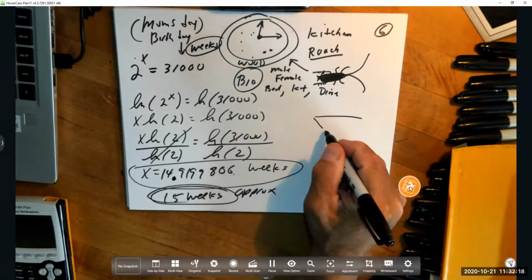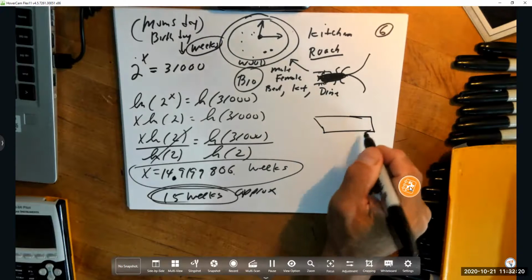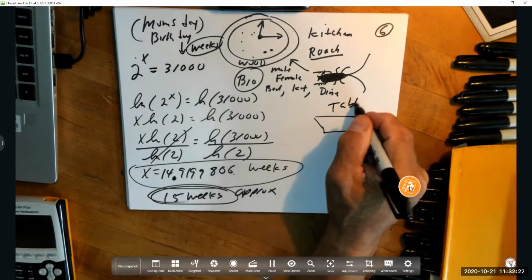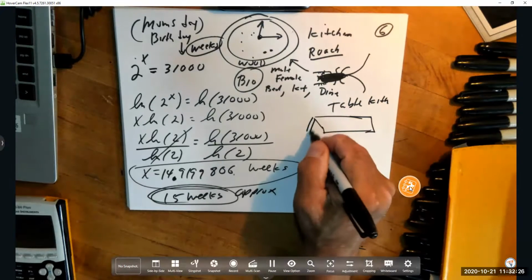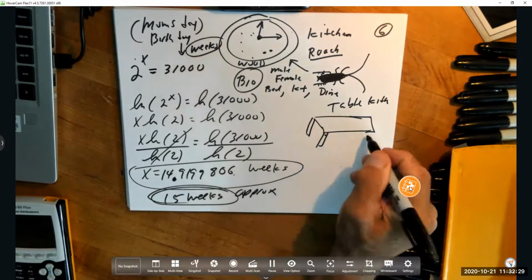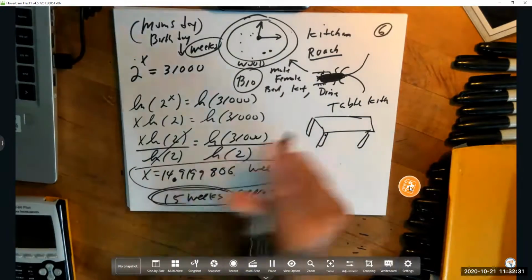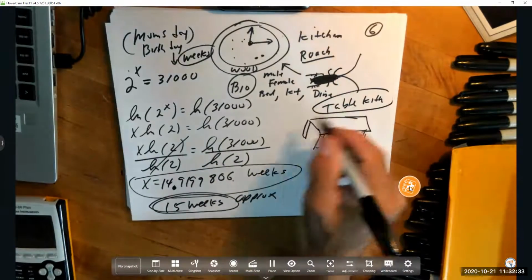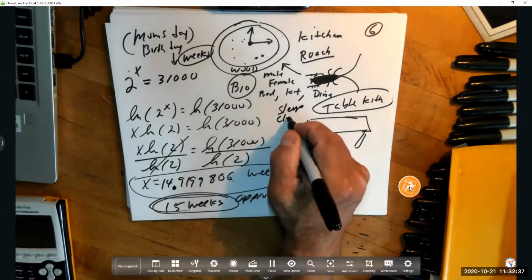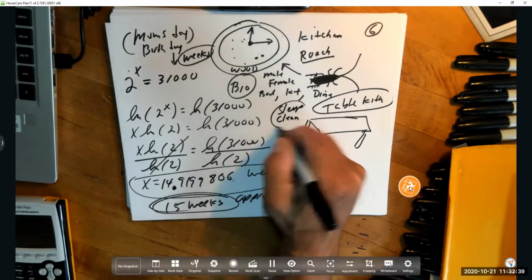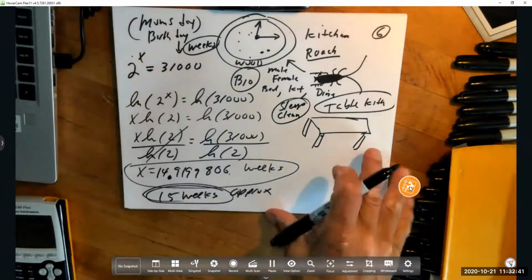Now, you might see things like this. Let me show you something. Let's say this is the table in the kitchen. All right, there's a table in the kitchen. So every day before you go to sleep, you clean everything up. You clean all the dishes, all the tabletops, everything.